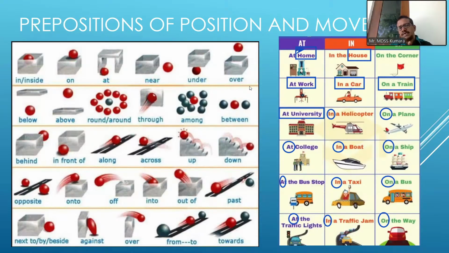So in English, you can see that with different vehicles, we use different prepositions. So that way, you also have to look at the noun coming after the preposition when you decide on that.